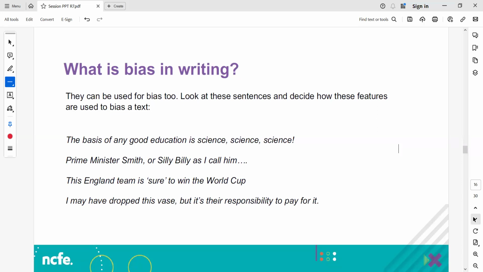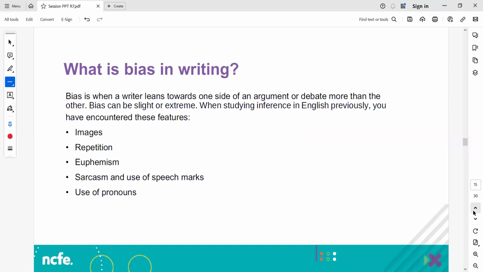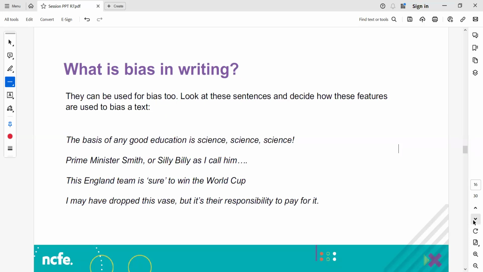The basis of any good education is science, science, science. So which feature has been used? Repetition. Good. So we've got that repeated word, science. So that repetition is used to emphasize the writer's belief that science is the basis of a good education.